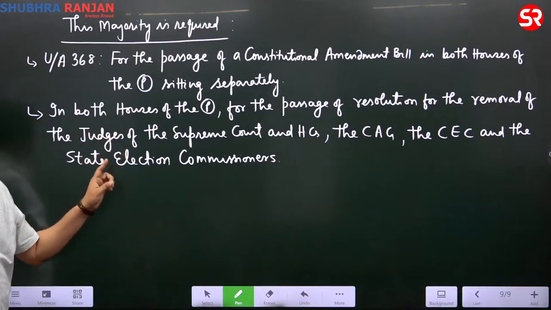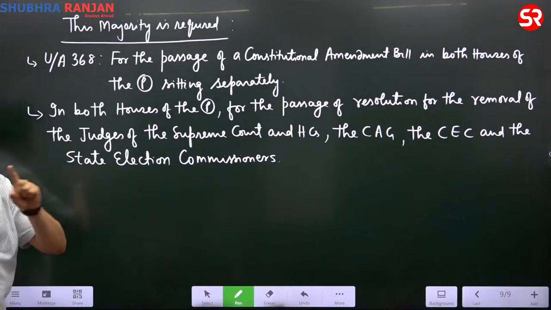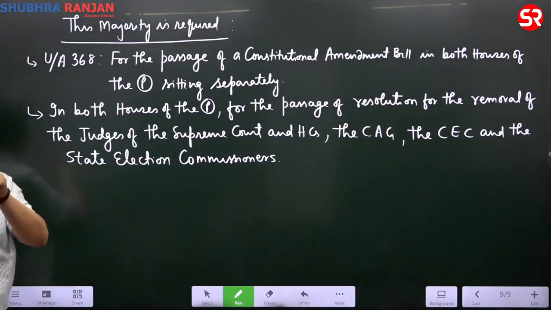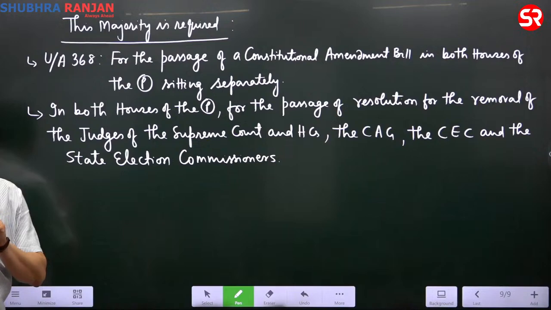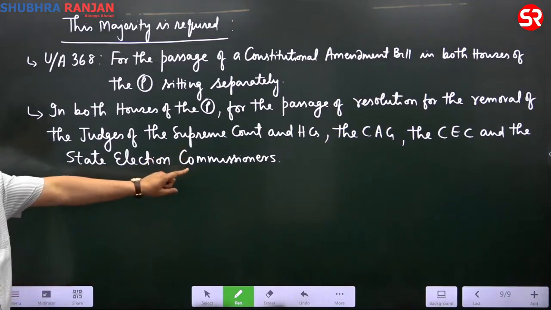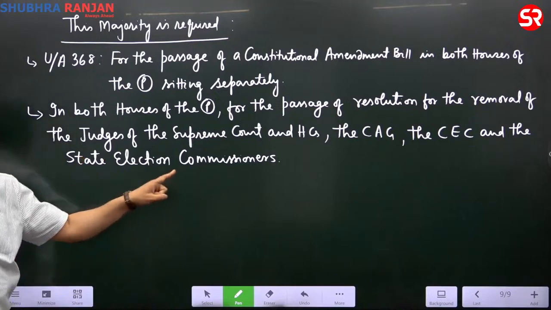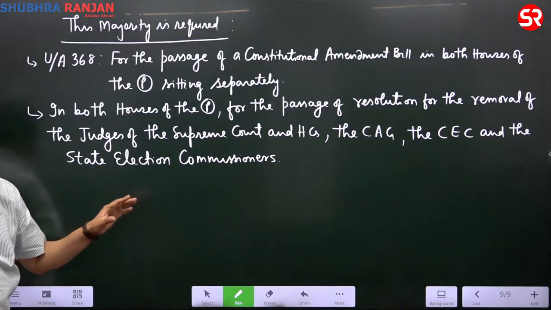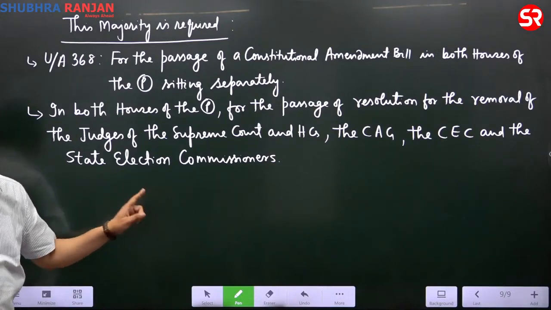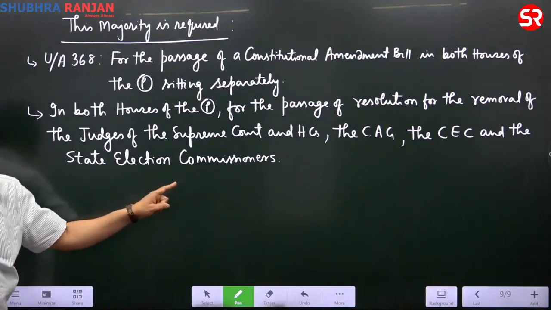So to remove these constitutional officers, the resolution has to be passed by both the houses of the parliament sitting separately. Then only the president can remove the judges of the Supreme Court and the High Courts, the CAG, the Chief Election Commissioner, and the State Election Commissioners. The State Election Commissioners are appointed in the respective state by the governors to conduct the local bodies elections, the panchayat elections, the municipality elections.